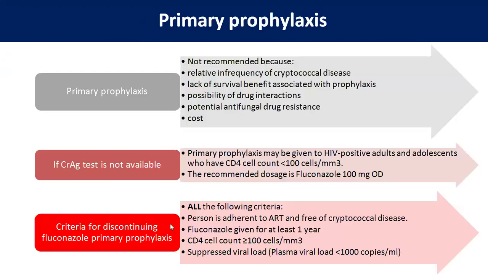Primary prophylaxis is not recommended because of the relative infrequency of cryptococcal disease, lack of survival benefit associated with prophylaxis, possibility of drug reactions, potential antifungal drug resistance, and cost. If the CrAg test is not available, primary prophylaxis may be given to HIV positive adults and adolescents who have a CD4 count less than 100.